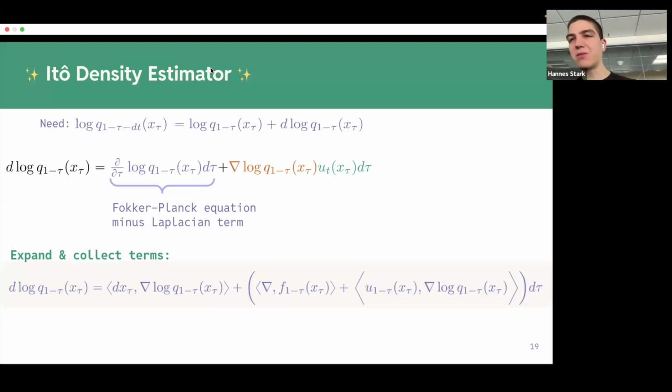And basically what we're doing is we look at how much we step in the direction of the score. This is the score times the vector field. Essentially, the accounting of the log density happens in several steps, and that's what Marta explained with the Taylor expansion.